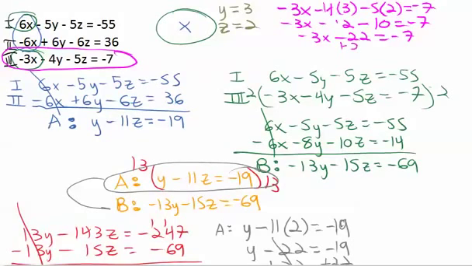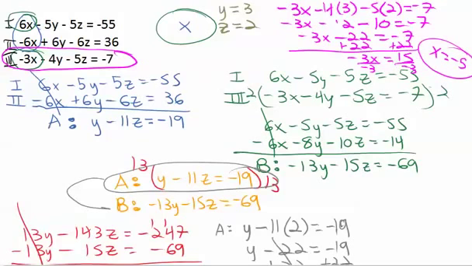Quickly running out of space, but if I add 22 to both sides, negative 3x equals 22 minus 7 is 15. Divide both sides by negative 3, and we now know that x is equal to negative 5.